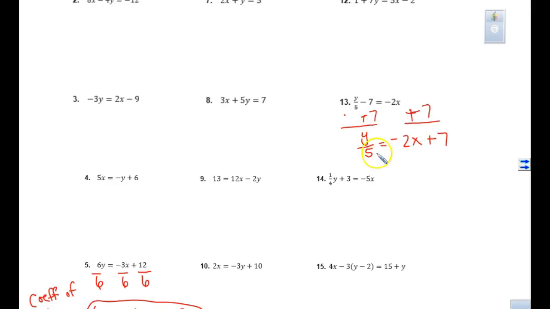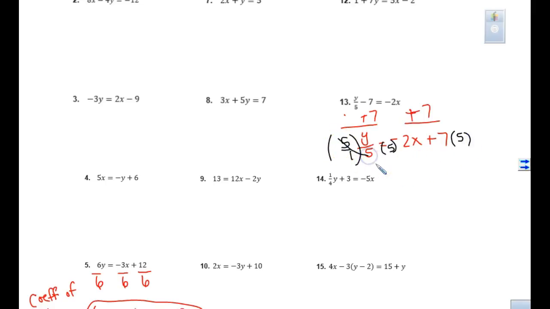Grace, the opposite of dividing by 5, multiply. And when I do that multiplication, I need to multiply every single thing by 5. Here I'm going to do 5 over 1. But with this negative 2x, I'm just going to go times 5, and with the 7, I'm going to go times 5.